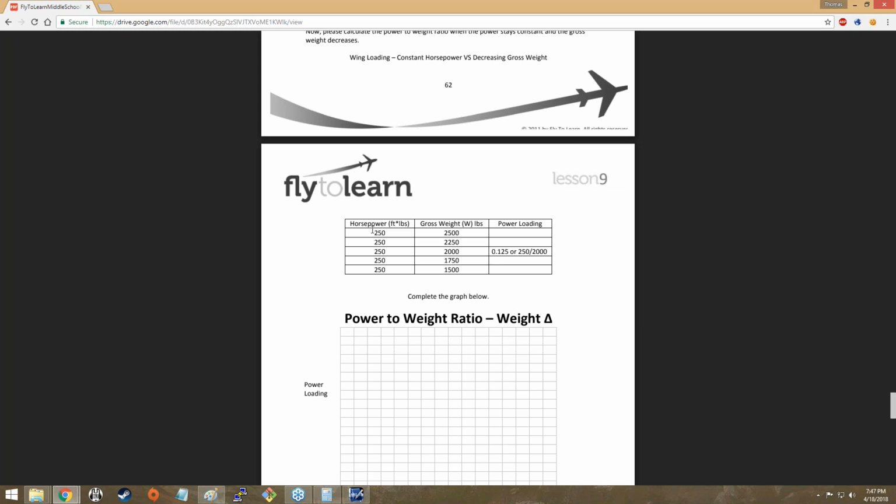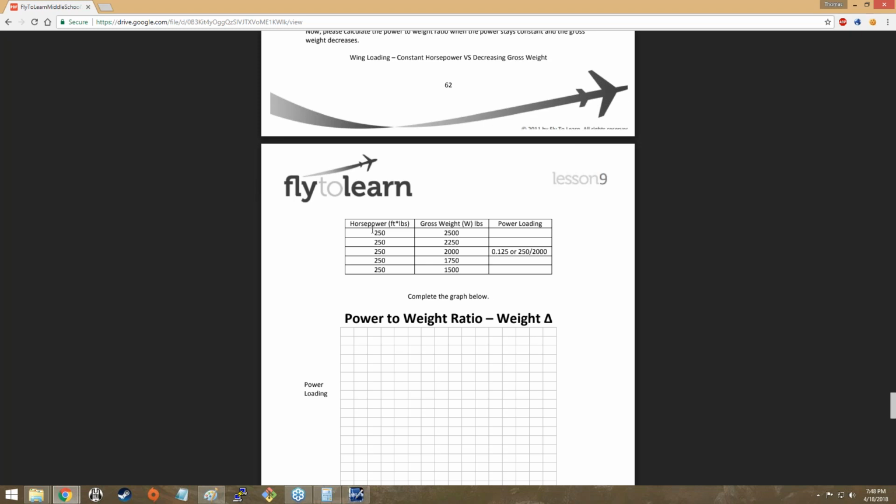Any guesses? Well, hold up. Horsepower stays the same, but gross weight decreases.